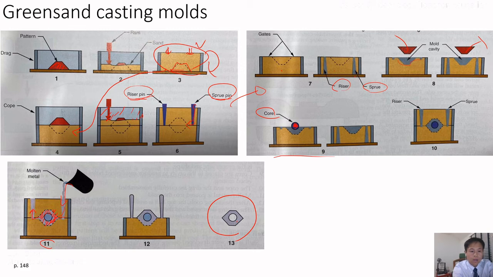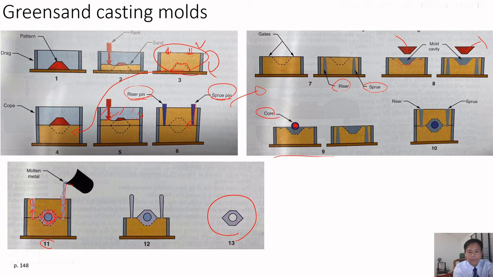Also, during the metal solidifying process, some hot gases could be created, so there should be a pathway to send the gases outside. So this riser plays a role as the exit pathway for additional metal or gases.